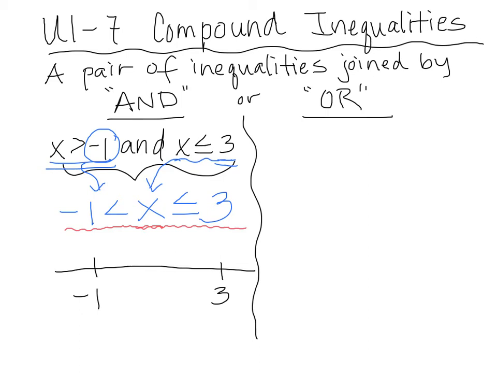We're looking at all values where x is greater than -1. So that means an open circle at -1, and we would be shading to the right for greater than.